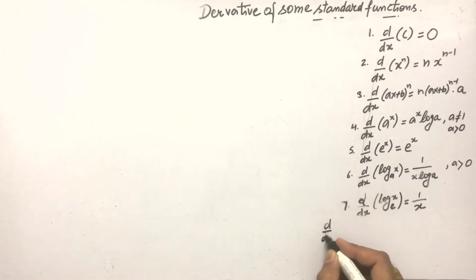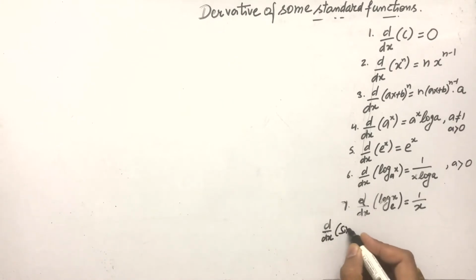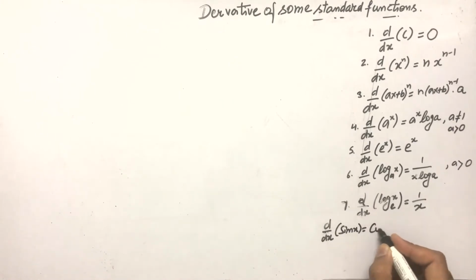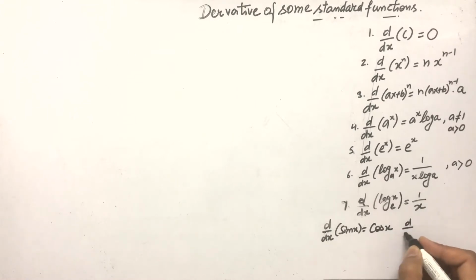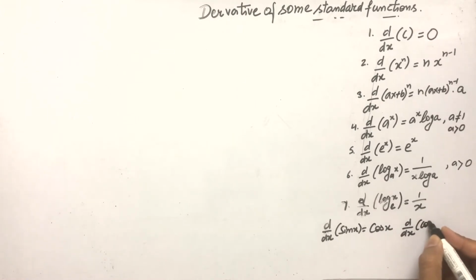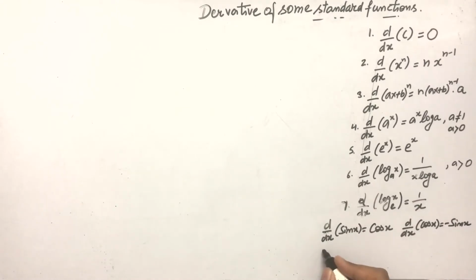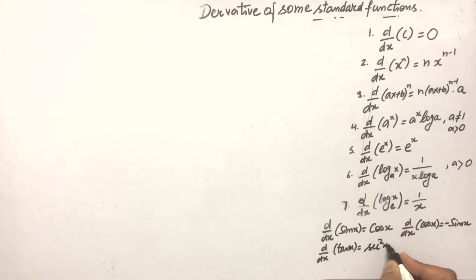Dy by dx of sine x is cos x, and dy by dx of cos x is minus sine x, and dy by dx of tan x is secant square x, and dy by dx of cot x is minus cosecant square x. And we are left with 2 formulas.